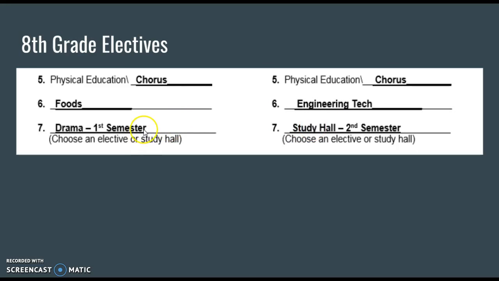But their first semester may not be as busy, so they can include an elective in there. If this is the case, please do have the student identify what they want as first semester and second semester, because the electives are just randomly put into what semester they are. So if we know that they want drama first semester and the study hall second semester, we can set it up that way when we put it into the system.